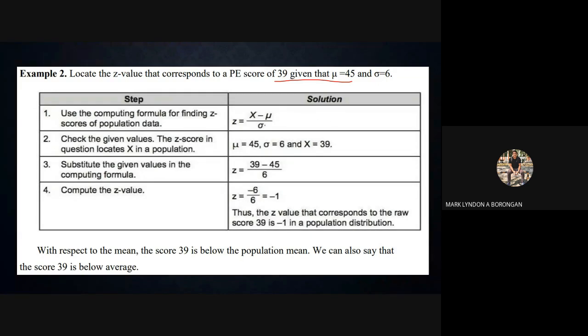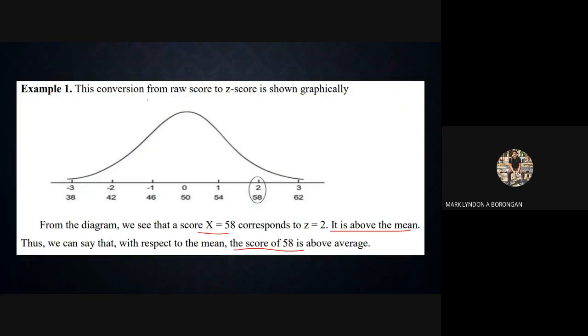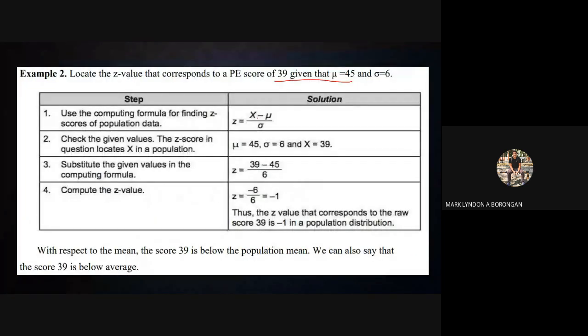So what you're going to do is to use the formula, kaning formula. Since ang given niya kay population man siya, so gamiton ninyo kani. So you have there for x which is 39, your mean is 45 and your standard deviation is 6.